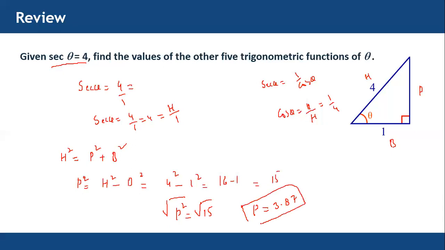Now we have all three side values: hypotenuse, perpendicular, and base. So you can find all six trigonometric ratios, for example sine theta, cosine theta, secant theta, cosecant theta, tangent theta, and cotangent theta, because you have all three sides.